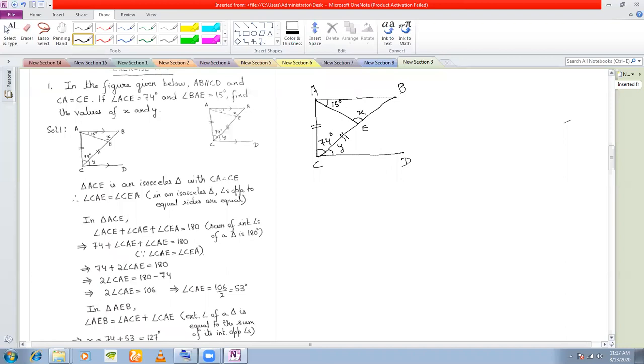Okay. These two are given to be parallel. Okay, you need to find out the values of x and y.